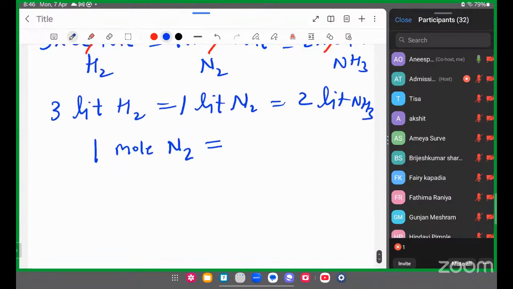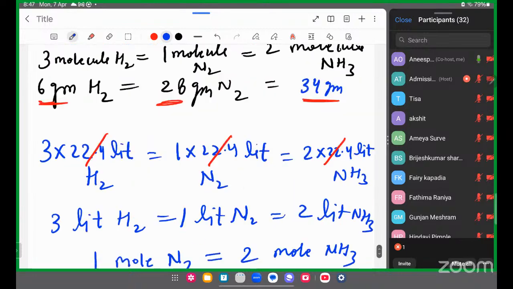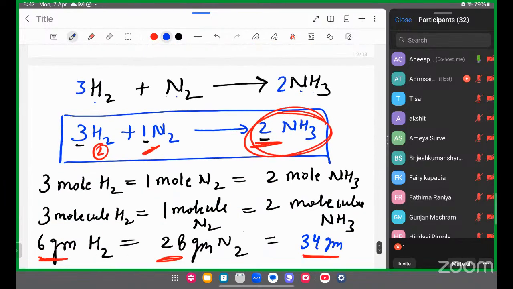1 mole nitrogen gives what? 2 mole ammonia, right? And we are having 2 mole nitrogen, which will give what? 4 mole of ammonia. And the same question may be in quantity form. For example, the question may be like this: how many grams of ammonia will be there if we have 2 mole nitrogen?